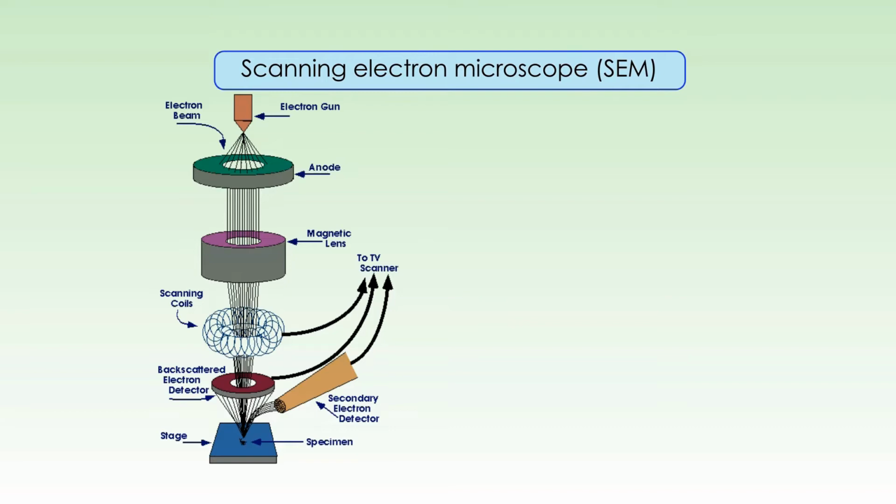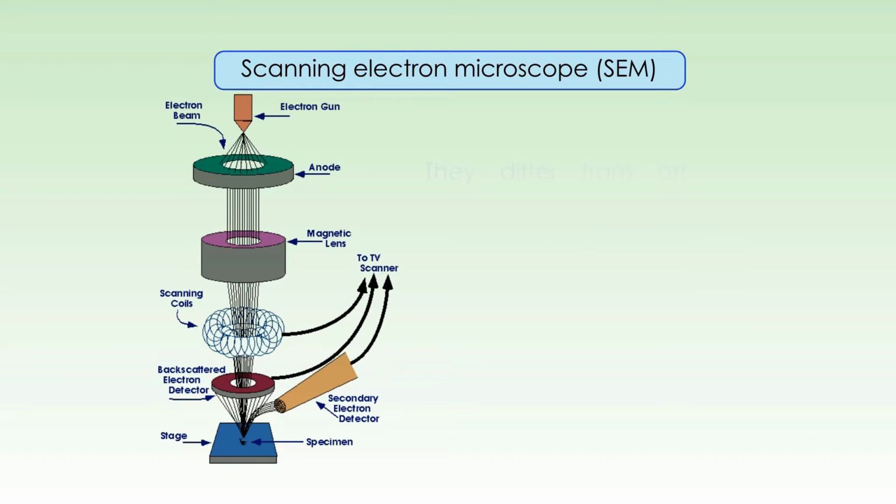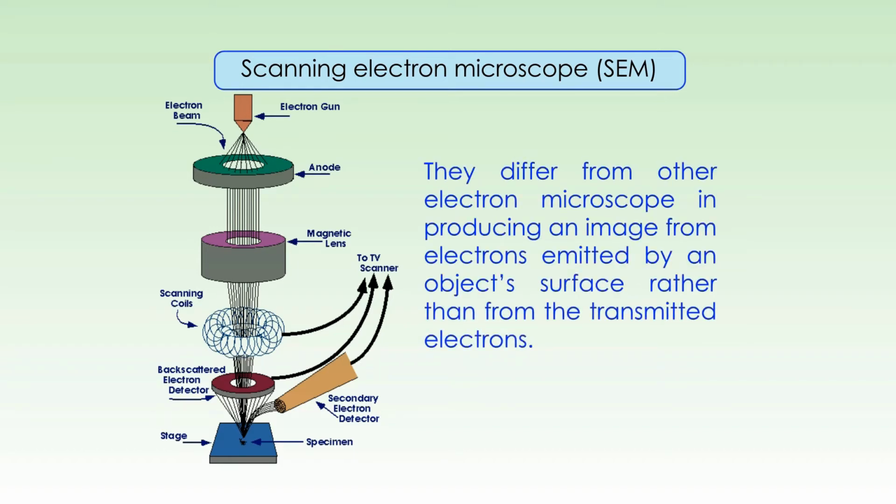Next we'll see the scanning electron microscope. This scanning electron microscope is used to examine the surfaces of microorganisms. It differs from other electron microscopes in producing an image from electrons emitted by an object's surface rather than from the transmitted electrons.